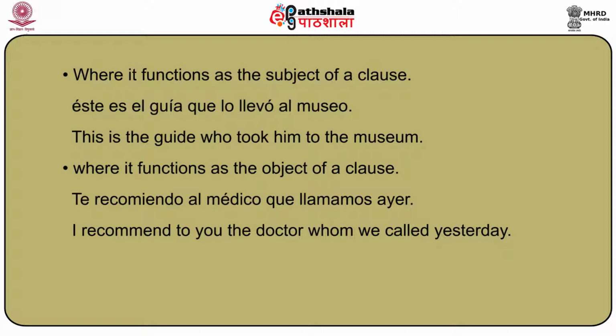Another place where we use que is where it functions as the object of a clause. In the example given, que refers to al médico, the indirect object of the verb recomiendo in the main clause. Que functions as the direct object of the verb llamamos in the relative dependent clause.